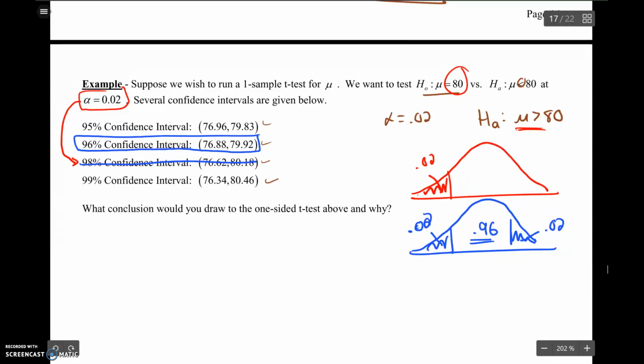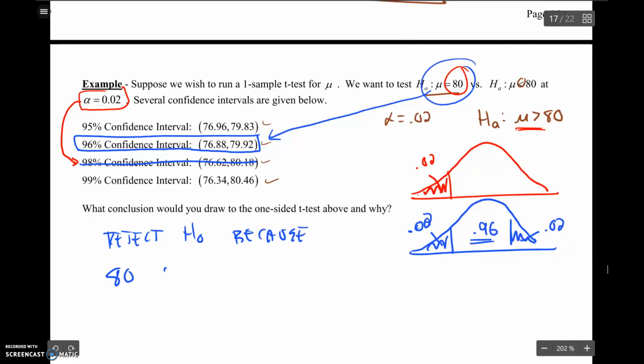Do I have convincing evidence at the 96% confidence level that the mean is not 80? 80 is not in that interval, so I have convincing evidence that it's not. So I'm going to reject the null because 80 is not in the 96% confidence interval.